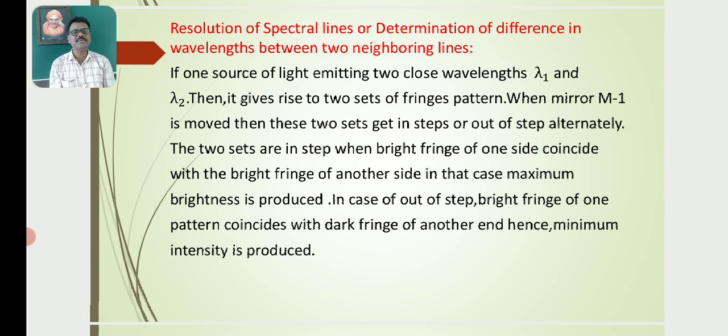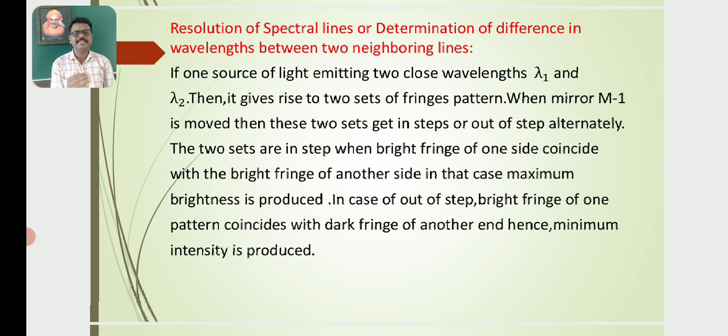So if the source emits two close wavelengths lambda 1 and lambda 2, then we get two sets of fringe patterns in the field of view. When mirror M1 is moved, the two sets get in step or out of step alternately.